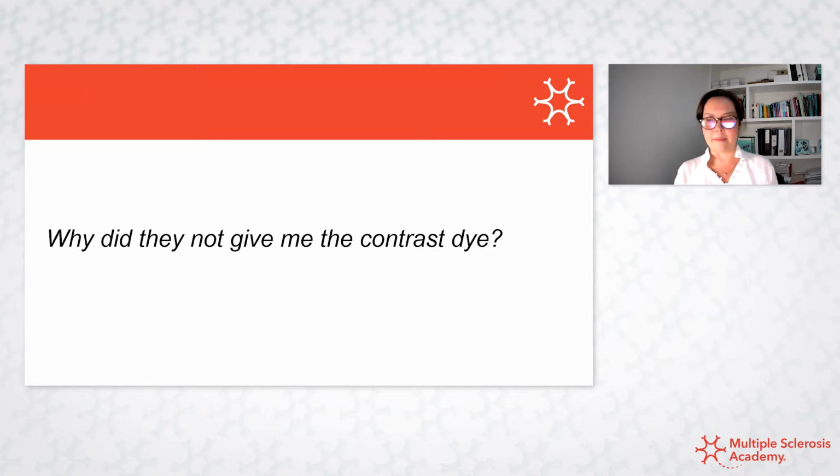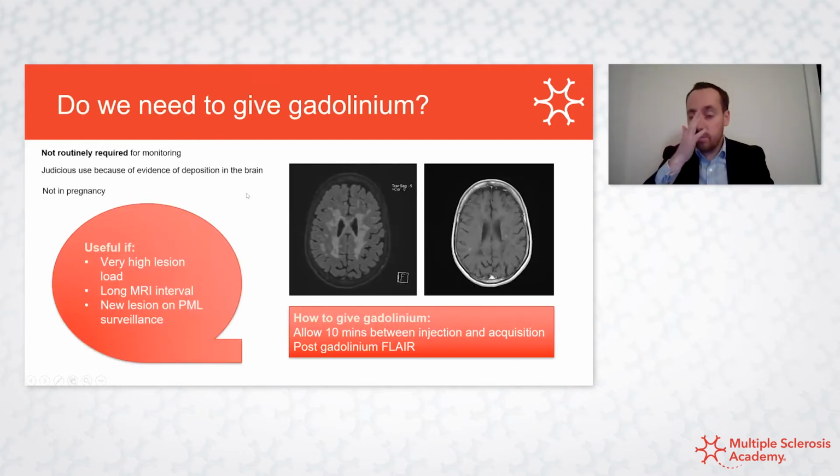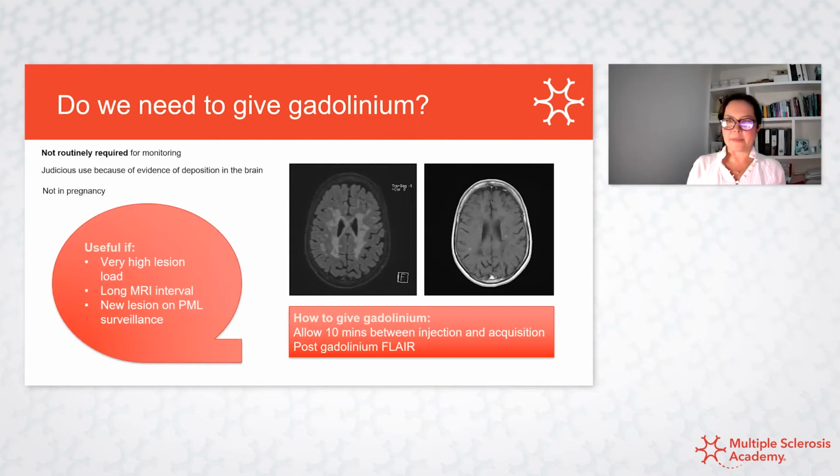I think I've got a slide on this next. Could you go forwards? Yeah, so I think this is one of your examples, Audrey. Yeah, so gadolinium is really useful in certain instances. We don't need it routinely because to spot a new lesion with a 3D FLAIR, we're just counting the dots.